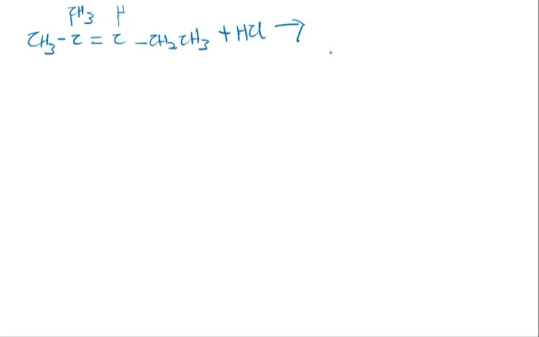So we have CH3, C, CH3, doubly bonded to CH, then CH2, CH3. Then we are adding HCl to it. So what is going to be our product?